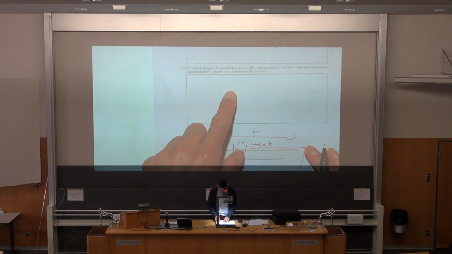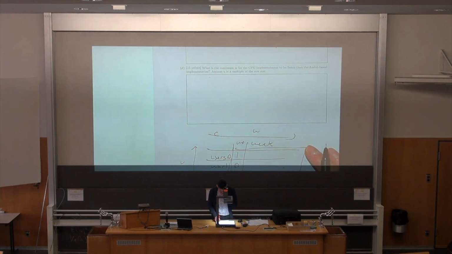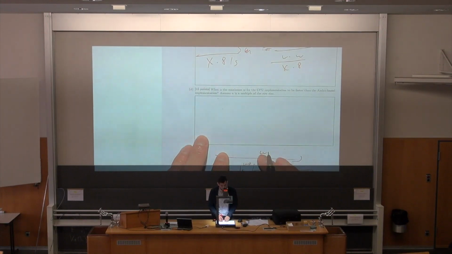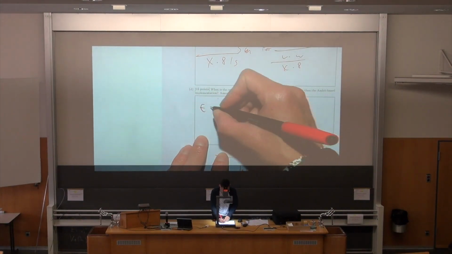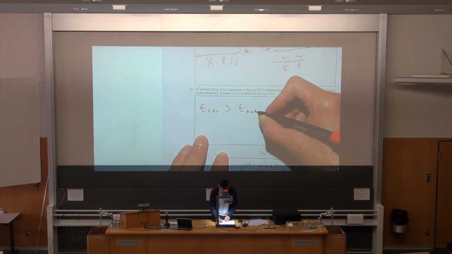So then you ask what is the maximum W for the CPU implementation to be faster than the ambit-based implementation. So basically what you want is the time of the CPU to be bigger than the time of ambit.